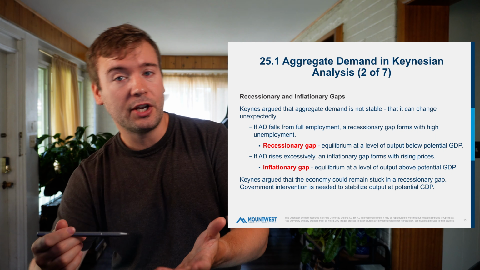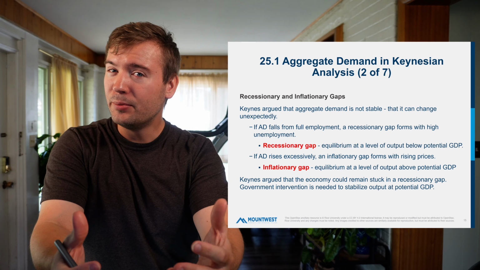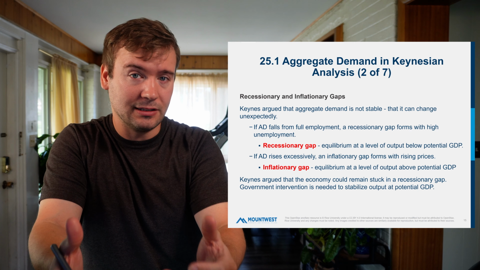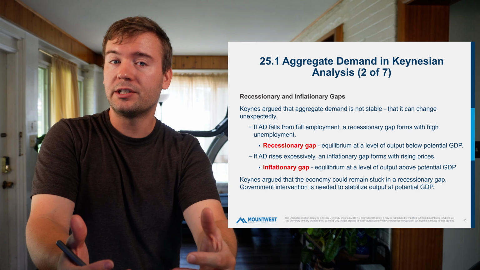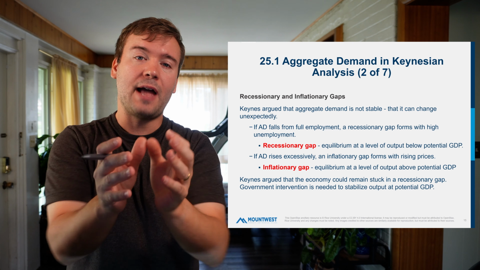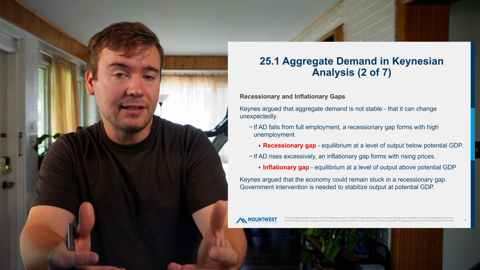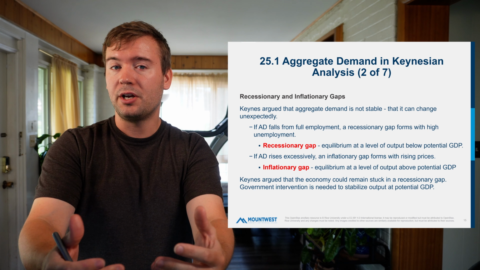So Keynes argued that aggregate demand is not inherently stable. In fact, he believed it could change unexpectedly. Suppose the economy starts at full employment, operating at its potential output. If aggregate demand suddenly falls, well, then the economy can find itself in what Keynes termed a recessionary gap.